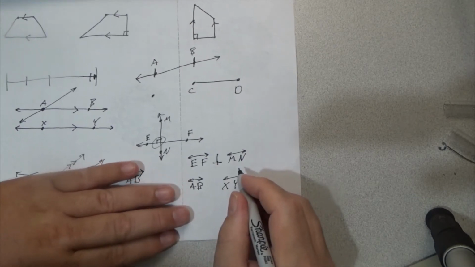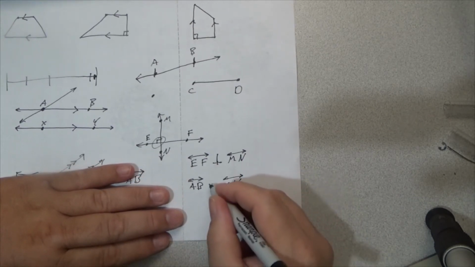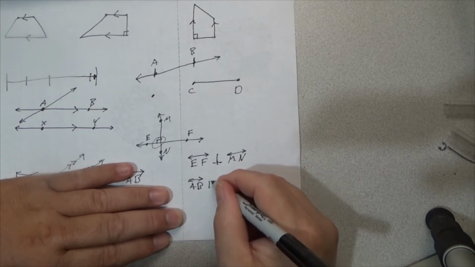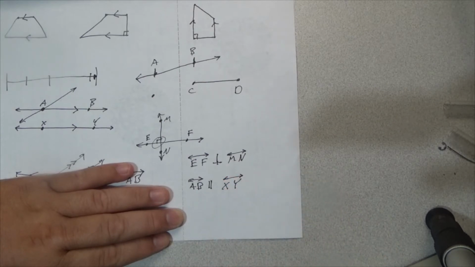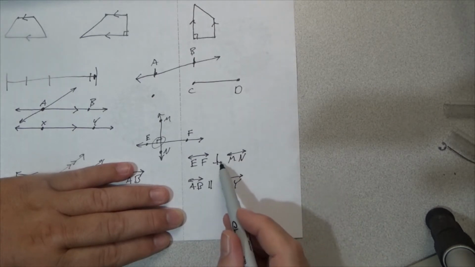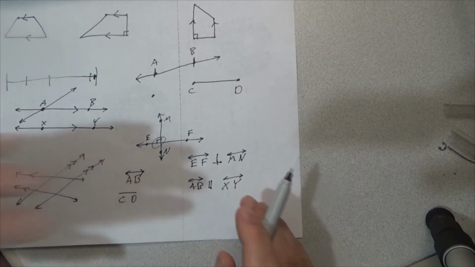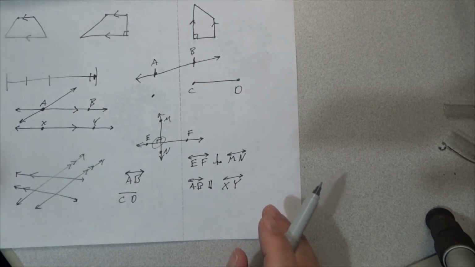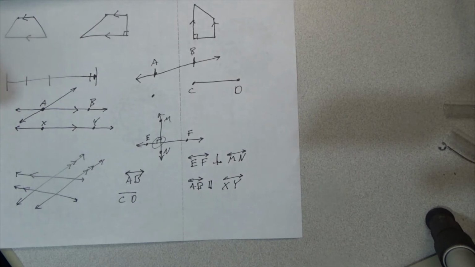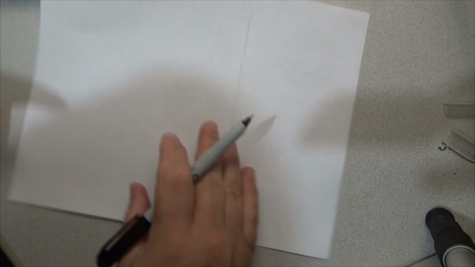And now the symbol in between parallel lines is drawn like this. So, perpendicular and parallel. Now line segments can be perpendicular and parallel as well. Okay, so let's take a look at the bottom of page 523.